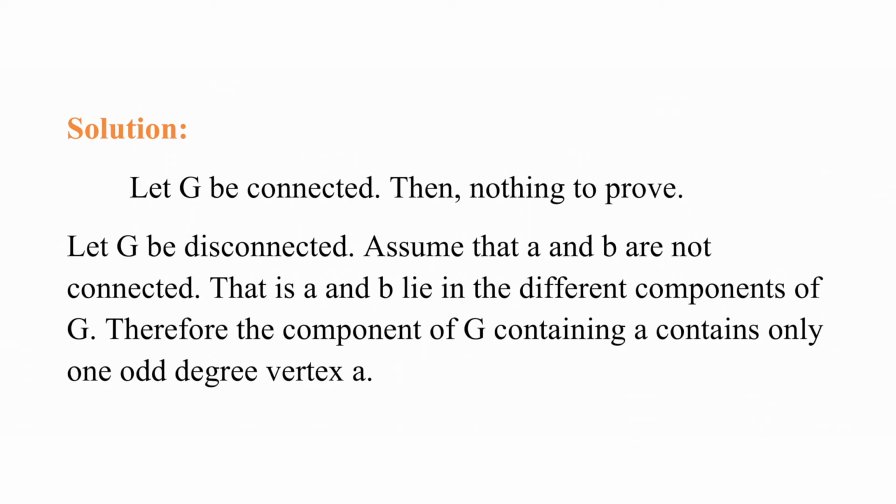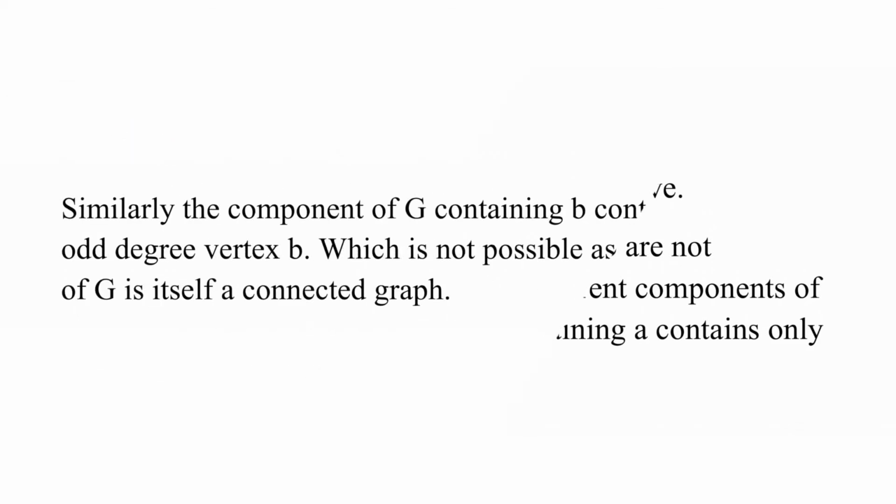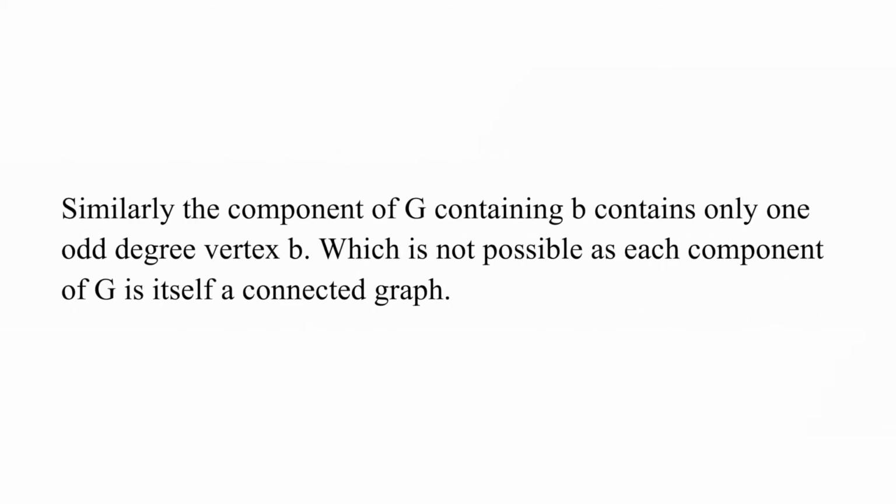If G is disconnected, I am going to assume A and B are not connected. That is, A and B lie in different components of G. Therefore, the component of G containing A contains only one odd degree vertex, A. Similarly, the component of G containing B contains only one odd degree vertex, B, which is not possible as each component of G is itself a connected graph.